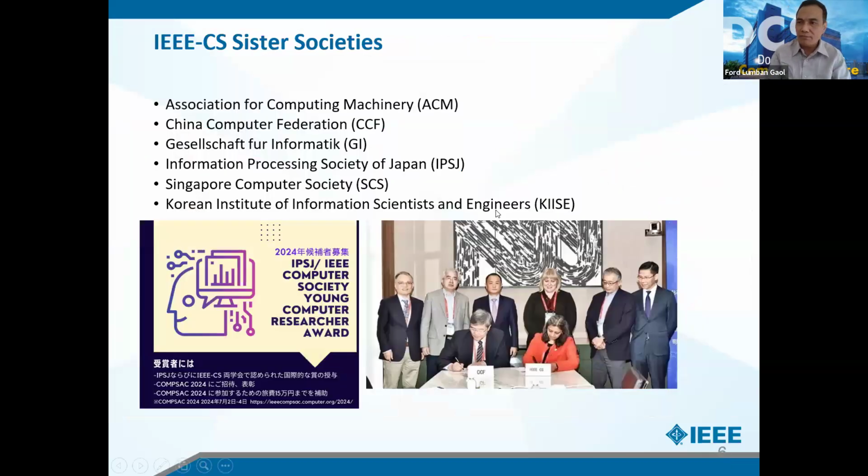On the other side, we have what we call IEEE Computer Society sister societies. I believe participants today come from many countries, and probably one of these societies is from your country. ACM, where 12 years ago I was the chair of the ACM Indonesia chapter, and of course the China Computer Federation, the Gesellschaft für Informatik from Germany, the Information Processing Society of Japan, the Singapore Computer Society from Singapore, and the Korean Institute of Information Scientists and Engineers from Korea.